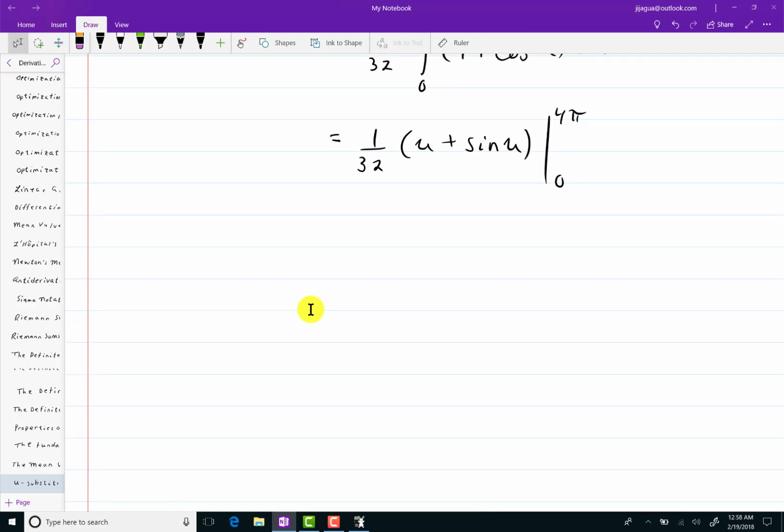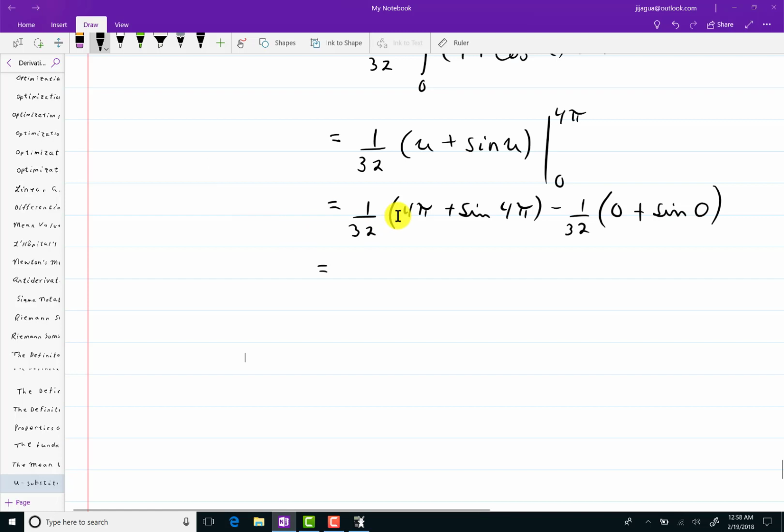Well, this is really interesting, because at this stage, watch what happens to the signs. I'm going to have 4 pi, replace u with 4 pi, plus sine of 4 pi, minus 1 over 32 of 0 plus sine of 0.